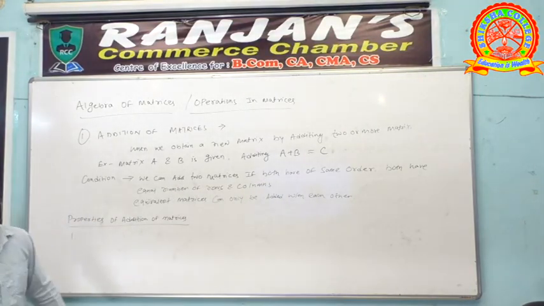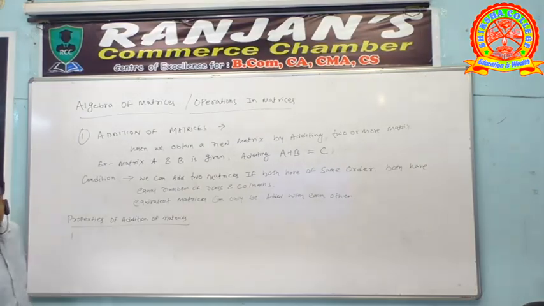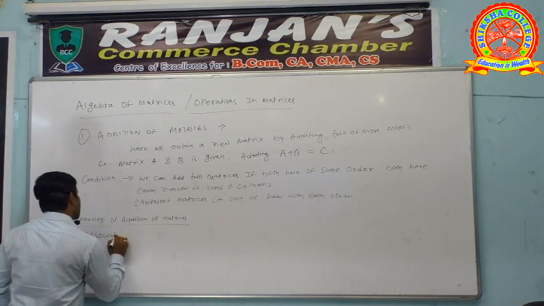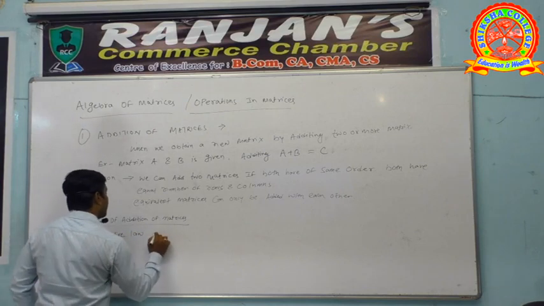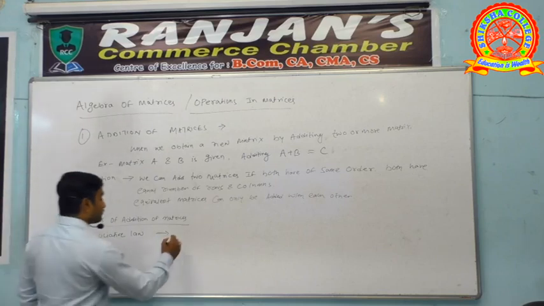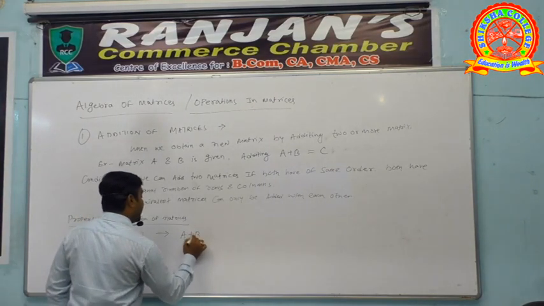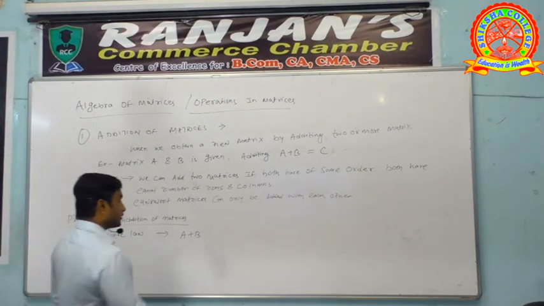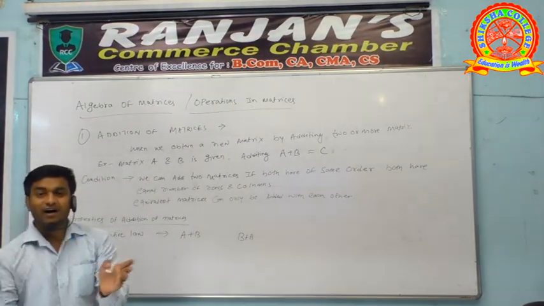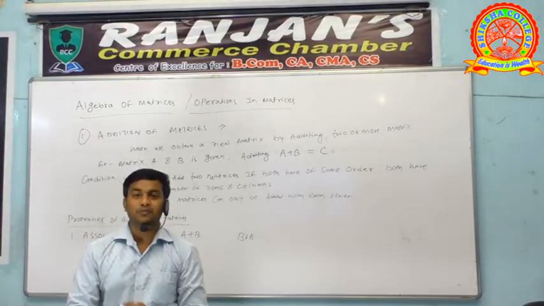We have four properties. Number one is the associative law. What is the associative law? It means adding A plus B or B plus A, interchanging the places of two matrices.